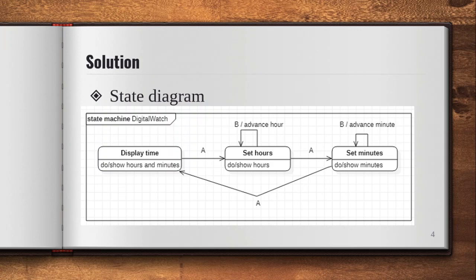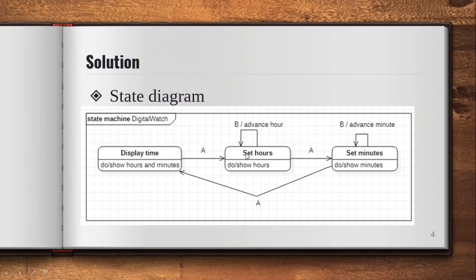If we are in set hours and press the B button, it advances the hours. If we are in set minutes and press the B button, it advances the minutes. So we use two buttons, A button and B button, and a button must be released before it can generate another event.